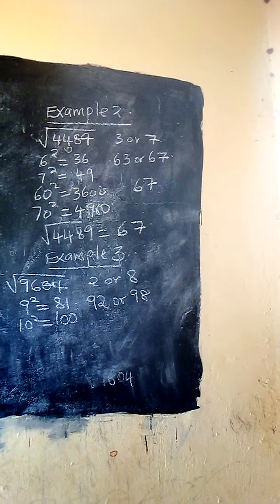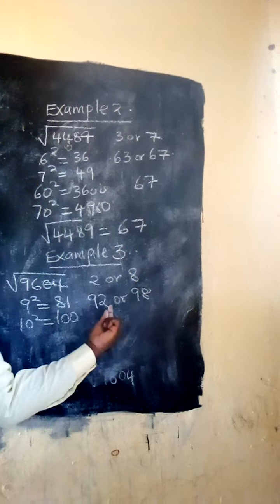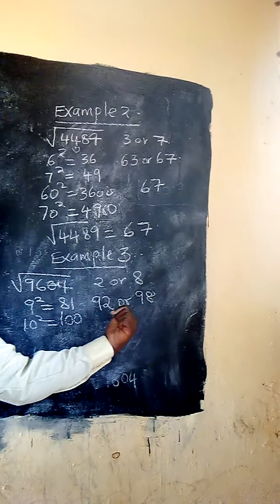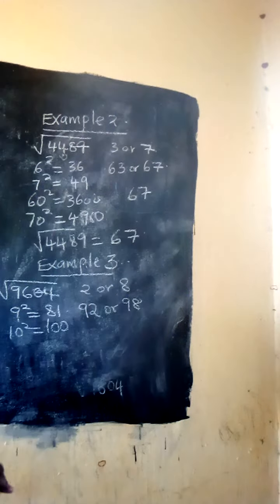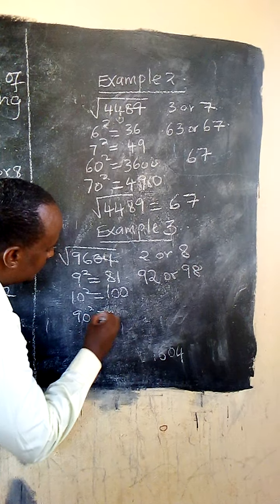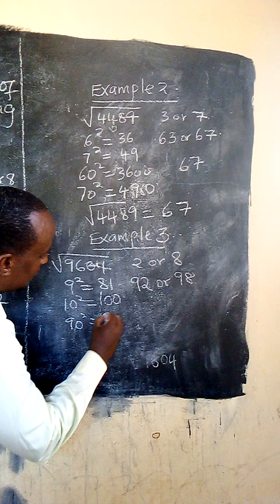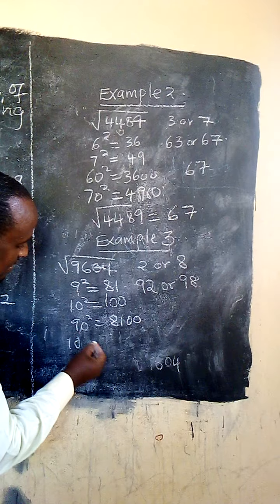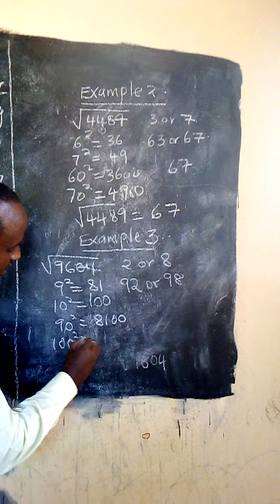So we can see that 92 or 98, both of them are in between 90 and 100. For us to know the square root of this, we say 90 squared is 8,100 and 100 squared is 10,000.